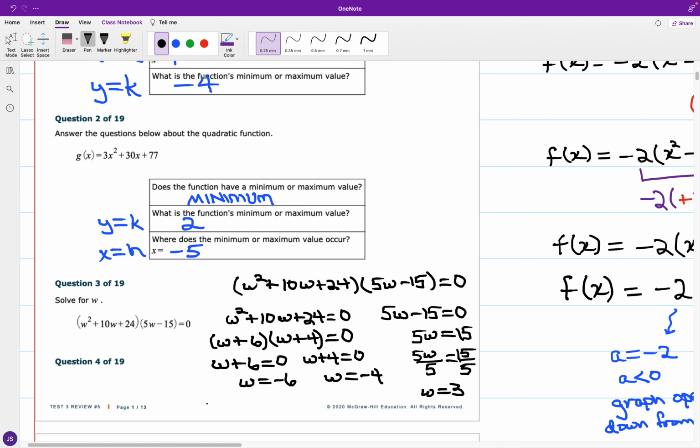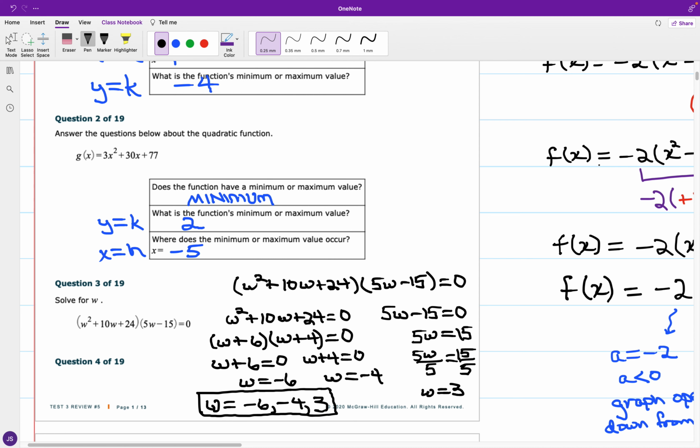So it'd be a trio of solutions for w. One value could be negative 6, the other value could be negative 4, and for the remaining possibility, we have positive 3. If you plug in any one of those values for w into the equation, then we have 0. All right.